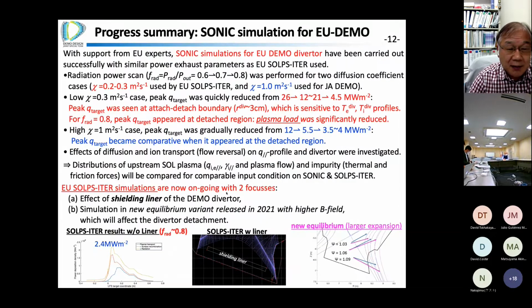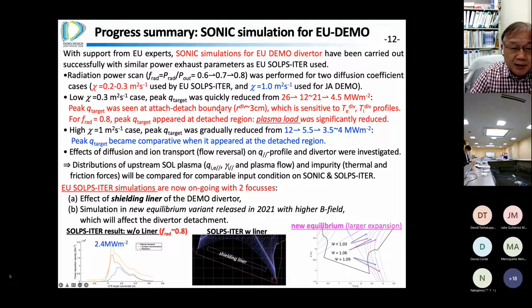I will summarize this work. It is a SONIC simulation study for EU DEMO for benchmark. We can scan the density and the radiation power, for the original EU SOLPS case and also the Japanese diffusion case.